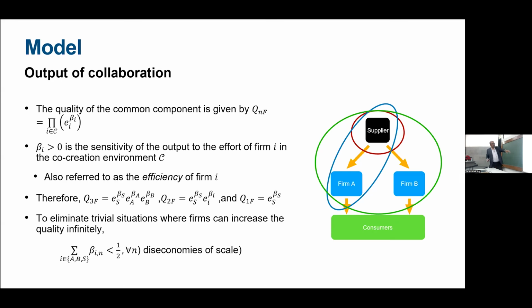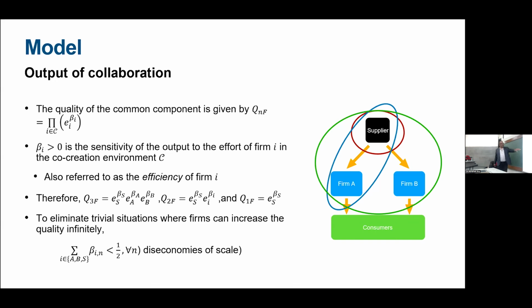But if you collaborate with someone, then it's a multiplicative form. It is not just the supplier's effort, it is a product of the supplier's effort and whoever else is collaborating. And this mathematical form just brings that description.